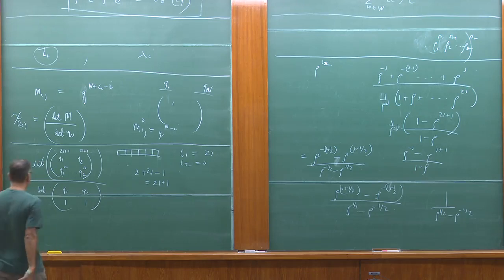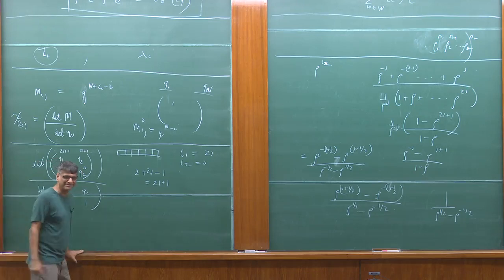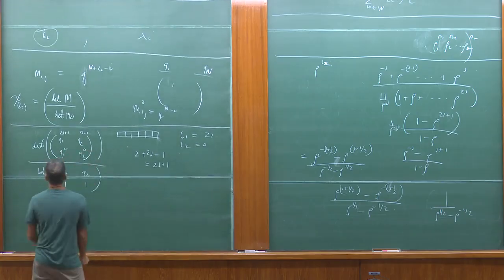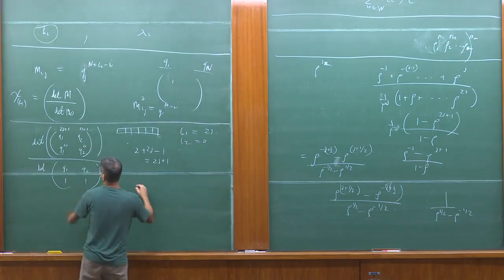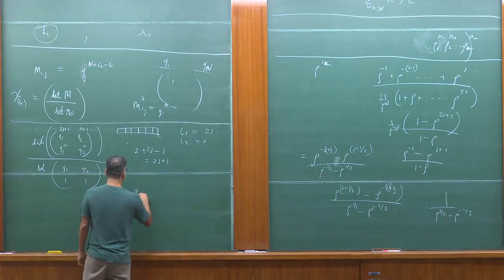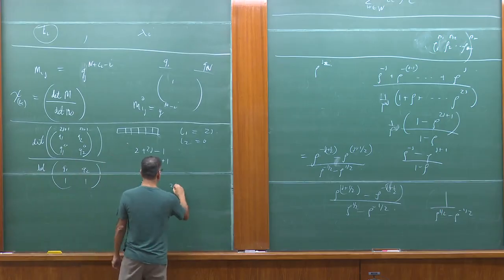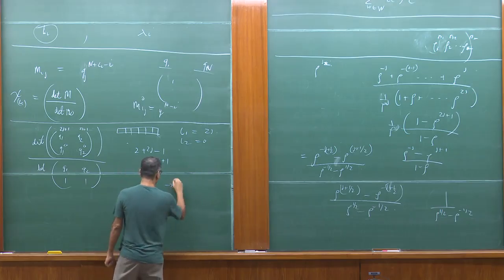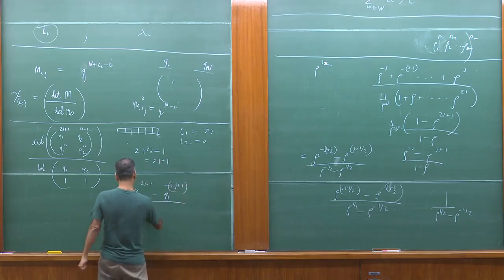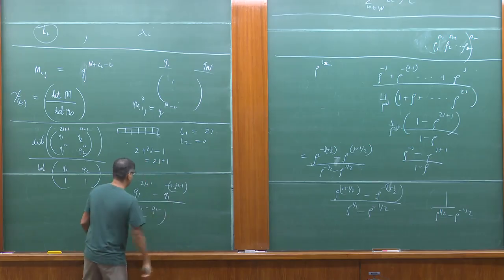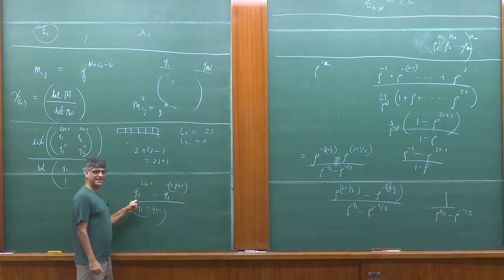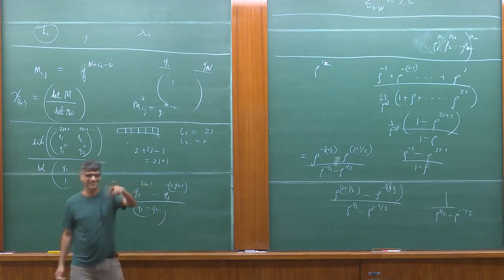This thing now will give us Q1 to the power 2j plus 1 minus Q1 to the power minus 2j minus 1, divided by Q1 minus Q2. And now we set Q2 equal to 1 by Q1 because of this.